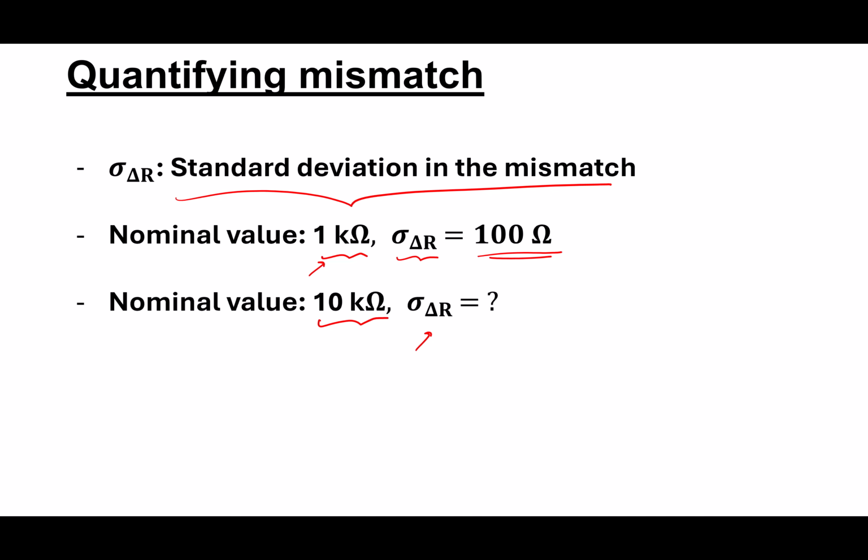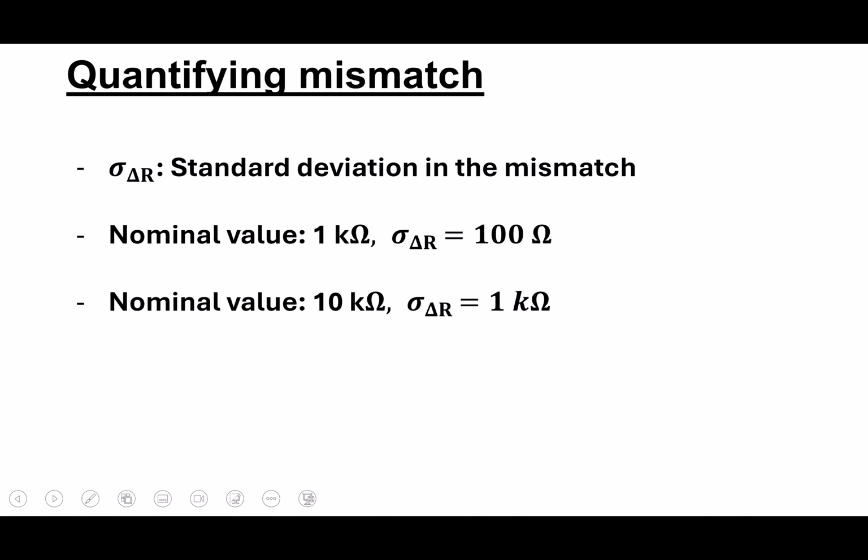For the same distribution, if the mean has become 10, what do you think might happen to the standard deviation? Take a guess. 10 times? Same or different? It will be how much? Yeah, I mean, expect that mean itself is going 10x, so even the variation will also be 10x, right?